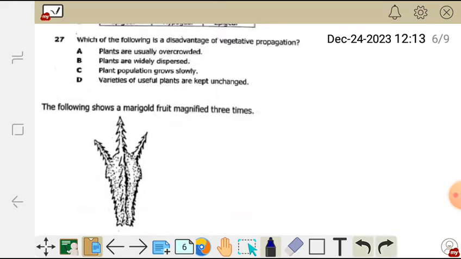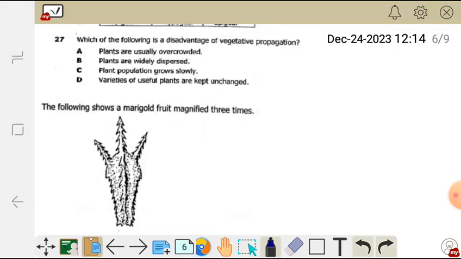Okay, so here the disadvantage of vegetative propagation is what is observed in banana plants, and also in sweet potatoes, where no seeds are produced, but you simply cut the stem, or you get a small plant and plant it elsewhere.